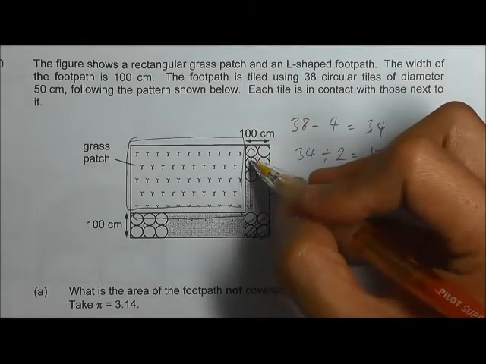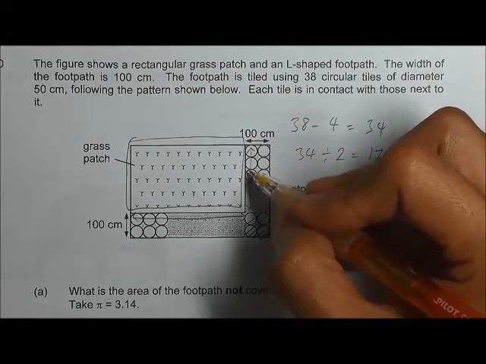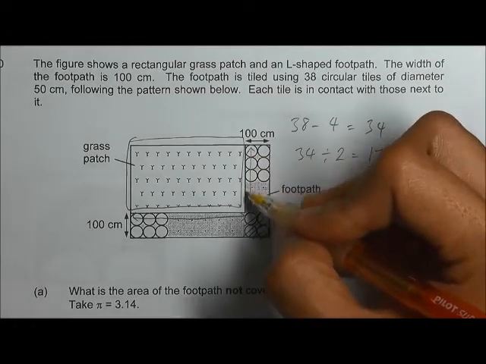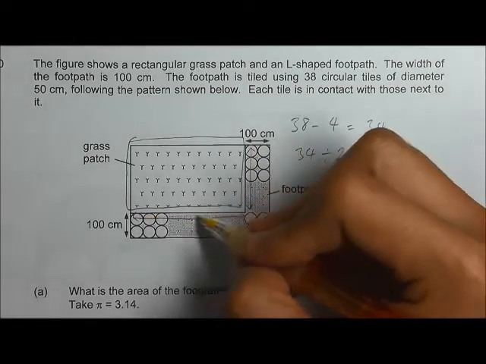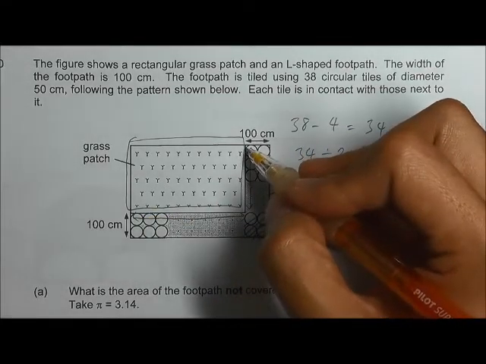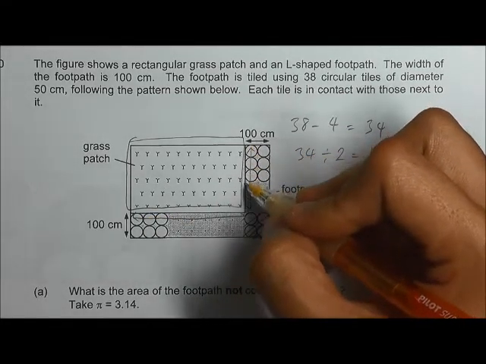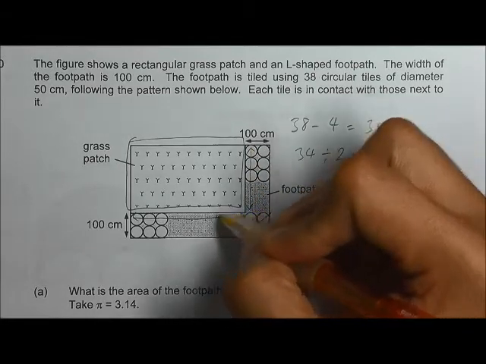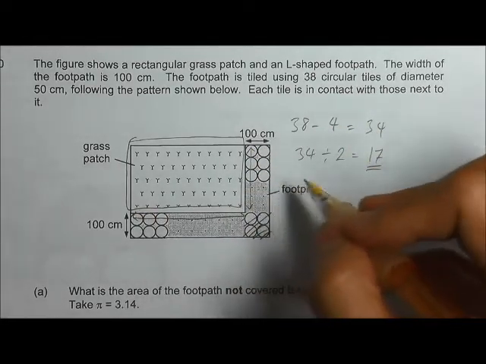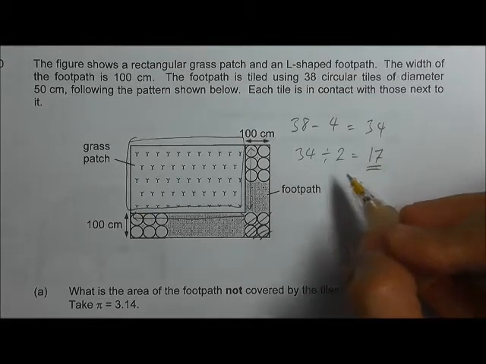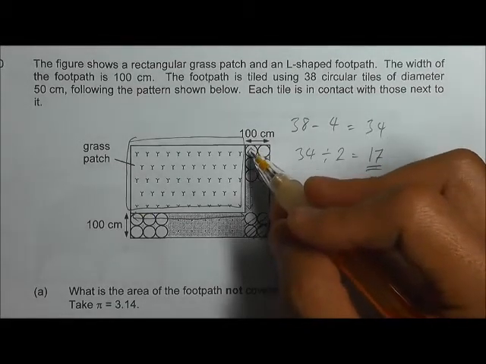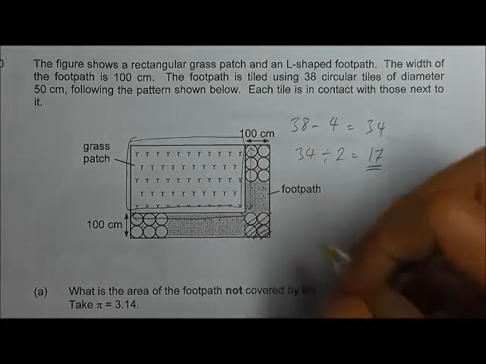So altogether there are 17 tiles that are right beside the side of the grass patch here. Which means that the length and the breadth here are equivalent to 17 times the diameter of each circle.